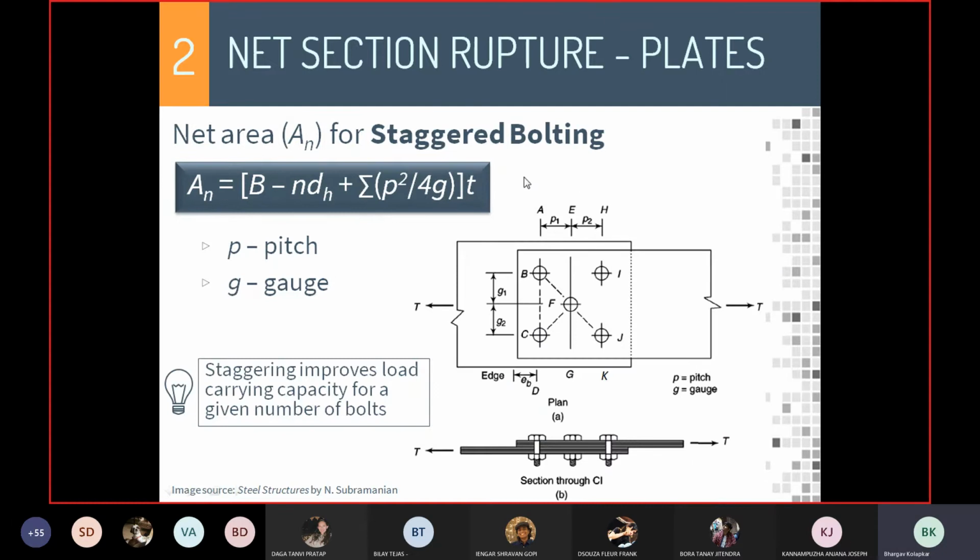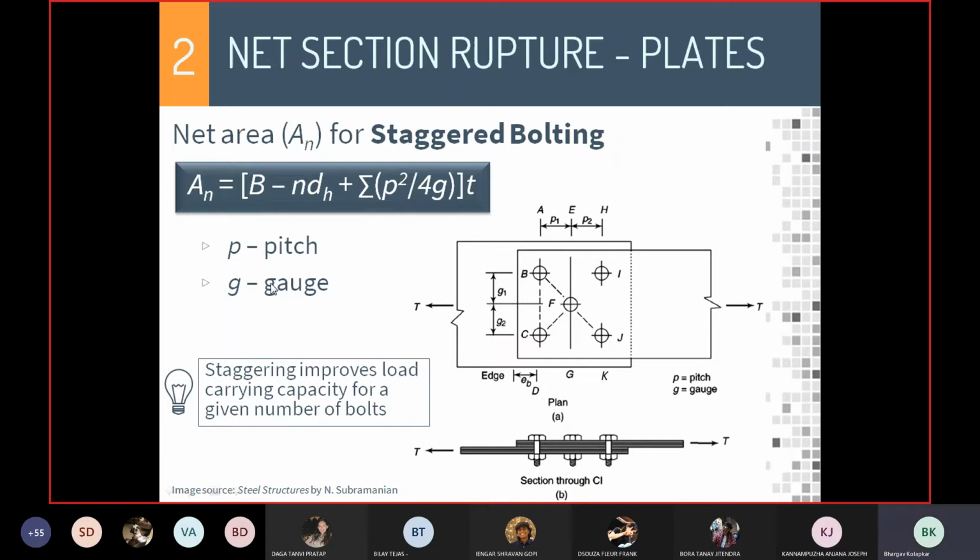It's given here, don't worry. So the center to center distance between adjacent bolt holes in the direction of force is called pitch, denoted by small p. And the distance between the center to center of adjacent bolt holes perpendicular to the direction of tensile force is called gauge, denoted by small g.